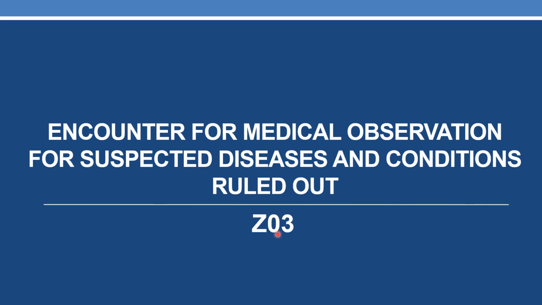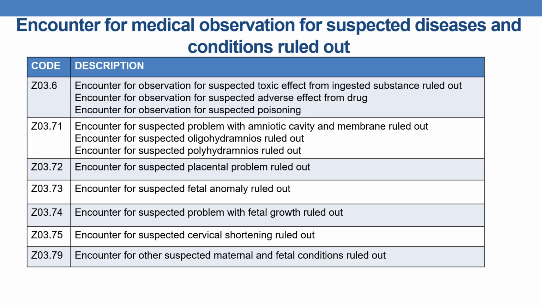Now coming to the Z03 series, which is nothing but encounter for medical observation for suspected diseases and conditions ruled out. The first code is Z03.6, encounter for observation for suspected toxic effect from ingested substance ruled out, or encounter for observation for suspected adverse effect from a drug, or encounter for observation for suspected poisoning.